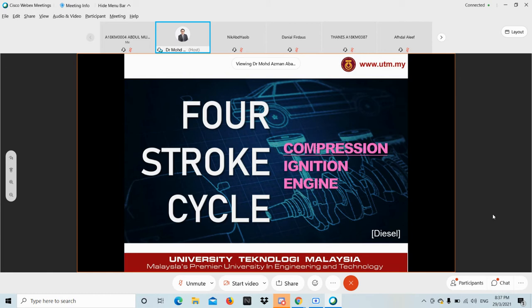But otherwise, if it's very mild or not very harmful knocking, then the engine would allow it. But this not harmful knocking, usually you cannot hear. It's very, I would say, very minimum. But it's likely to happen in our daily driving.